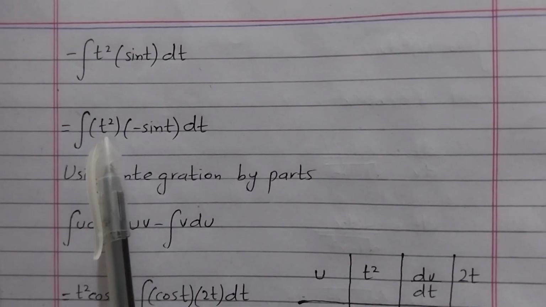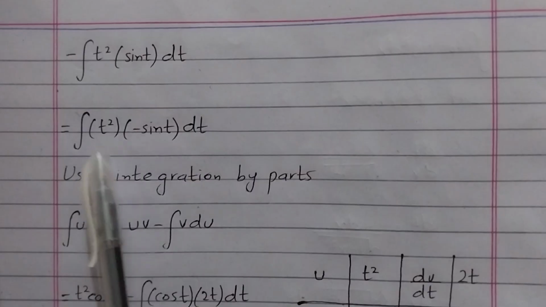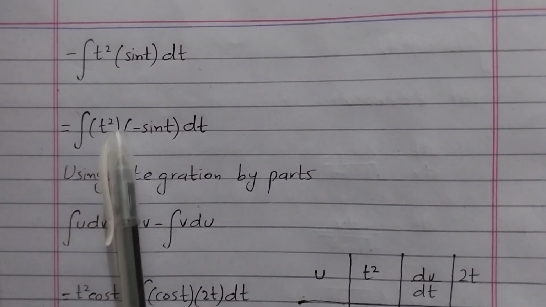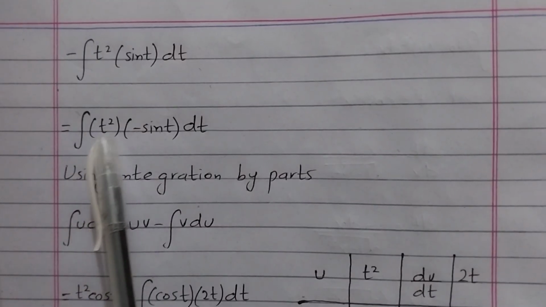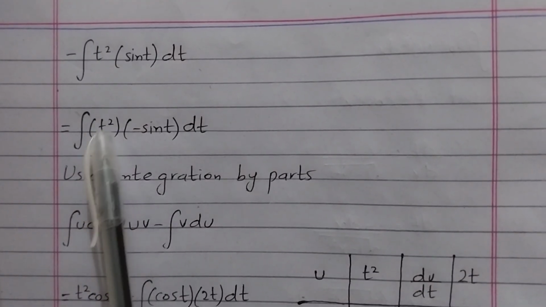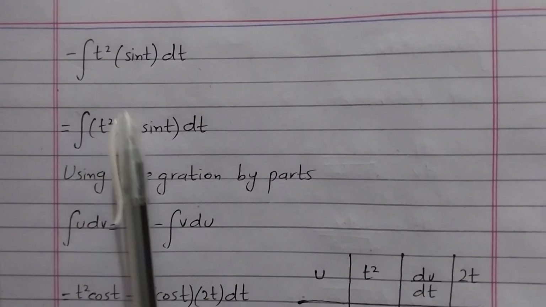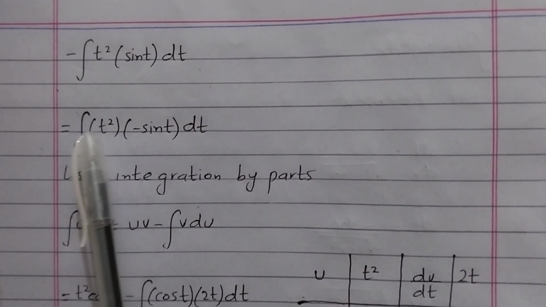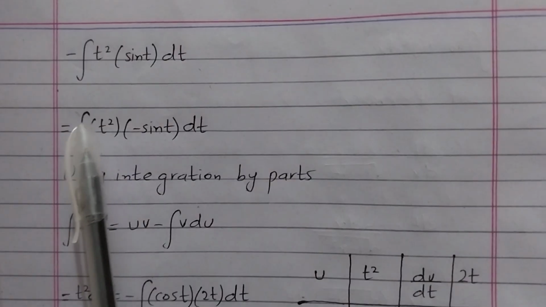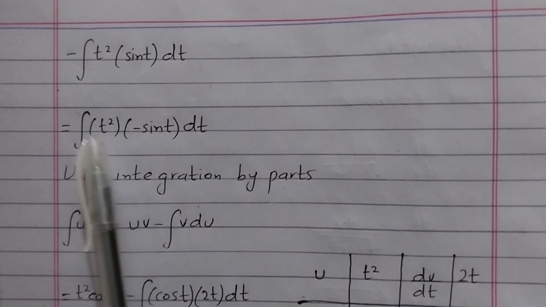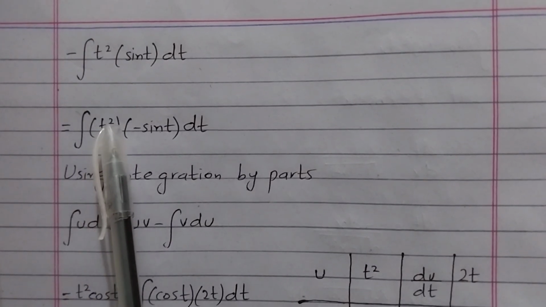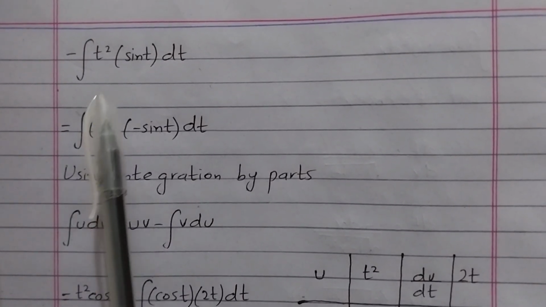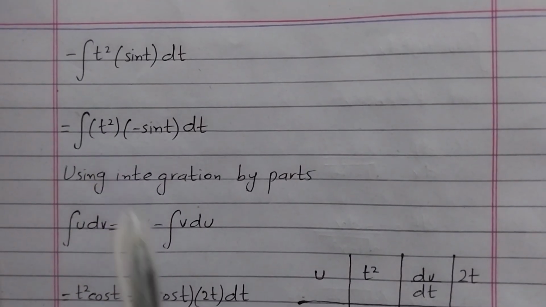Here it is helpful because we have a polynomial function, a power function, and we can use this to our advantage and call it u, because we take the derivative of u in integration by parts, and when we take the derivative of this thing, its power gets reduced, and the overall integral becomes easy for us.